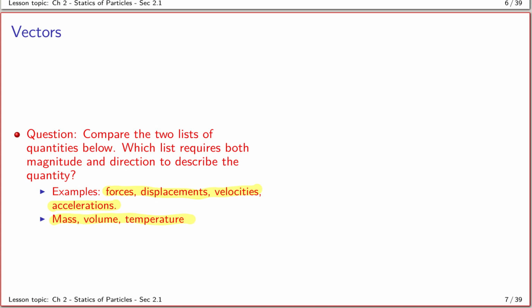Well, from your background in physics, you will realize that mass, volume, and temperature do not really have any role in terms of direction to be played in their description, right? On the other hand, forces, displacements, velocities and accelerations, they all are based on direction as well as magnitude.